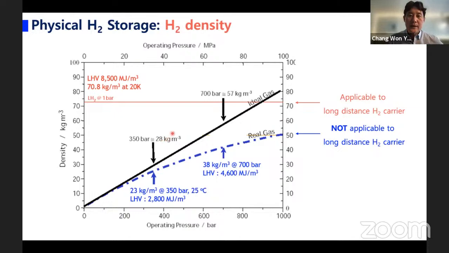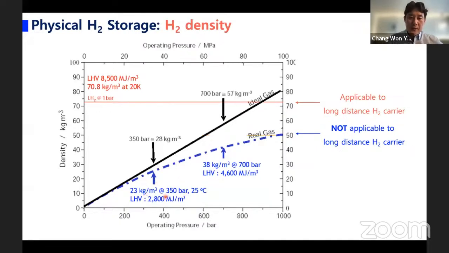So 28 times 2, which means 57 kilograms per cubic meter. But this is the case of an ideal gas. If we apply the real gas equation, it's different, which means realistically, if we pressurize more, we can't store in proportion to this pressure.